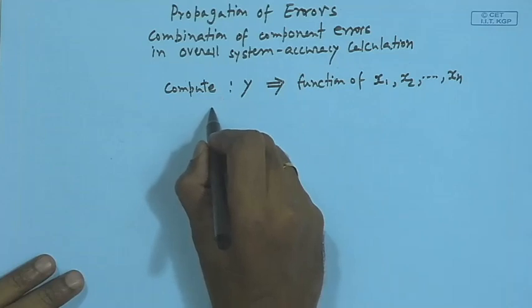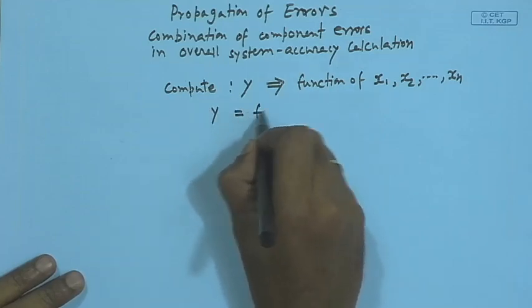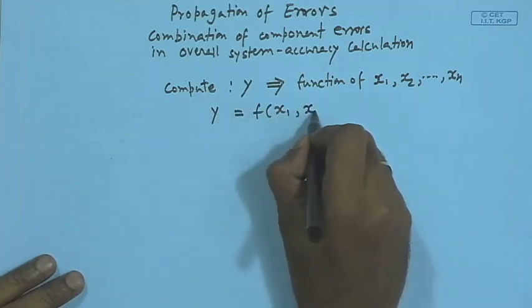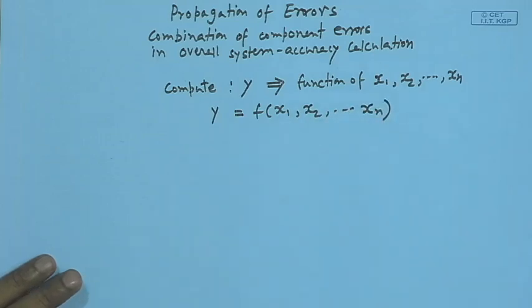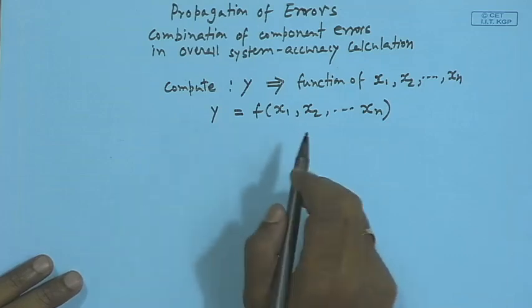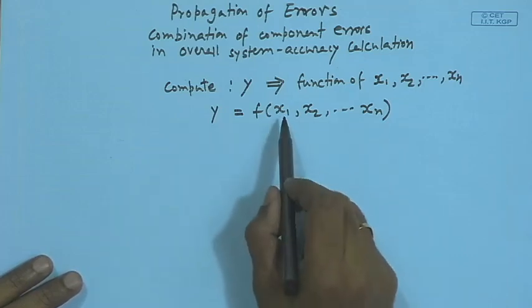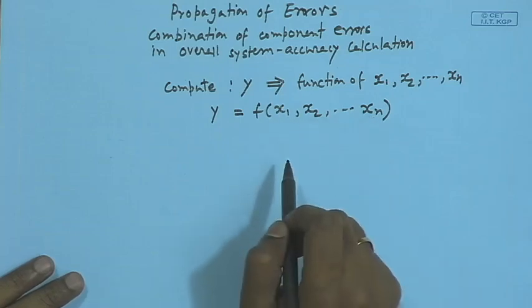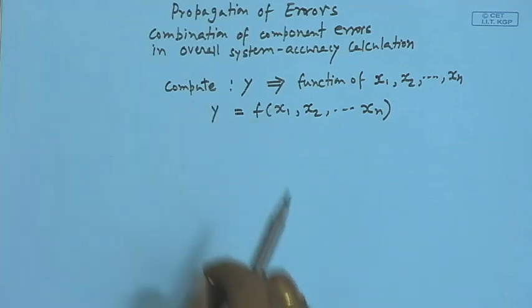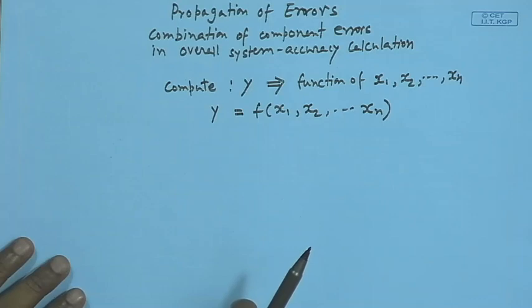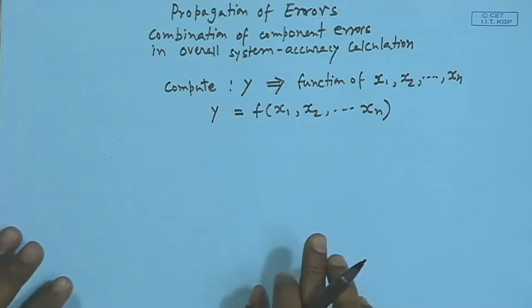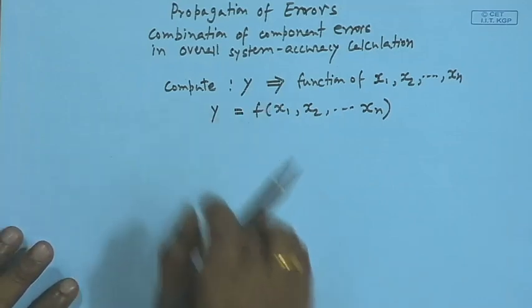So, we say y is a function of x1 up to xn. For a small change in the independent variables x1, x2 up to xn from a given, say, operating point, a Taylor series expansion will give a good approximation for the corresponding change in y.